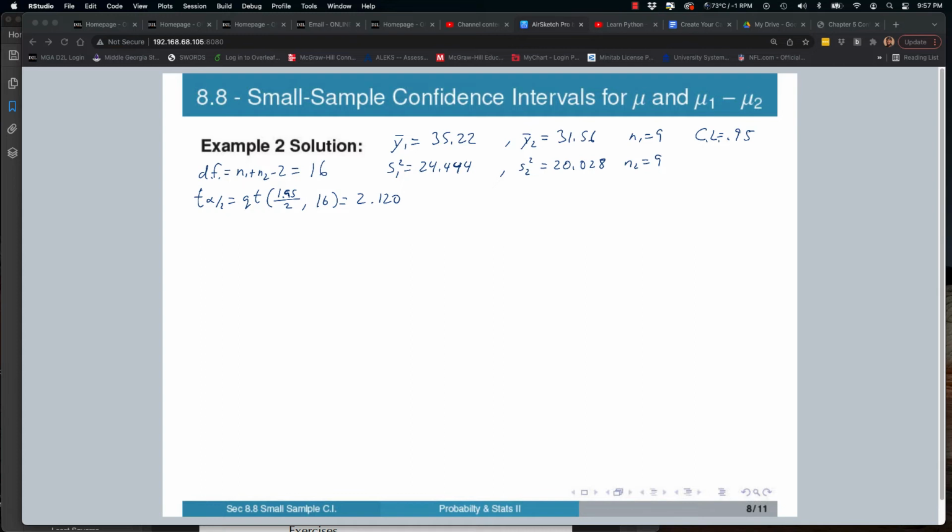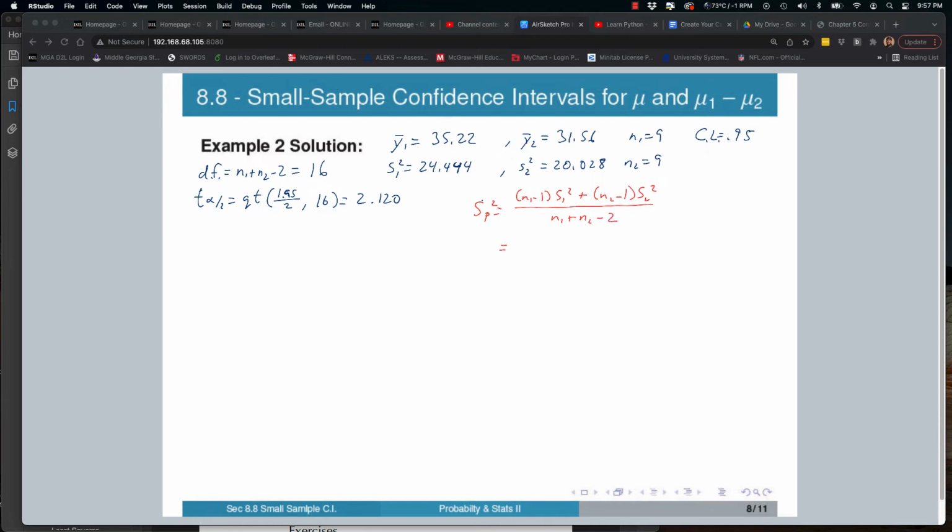Before I can construct the interval, I've got to figure out the pooled variance, or standard deviation really, because we're going to take the square root of it. S_p squared is the formula they give us, and it's equal to n sub 1 minus 1 times s sub 1 squared plus n sub 2 minus 1 times s sub 2 squared, all over the degrees of freedom, n sub 1 plus n sub 2 minus 2.